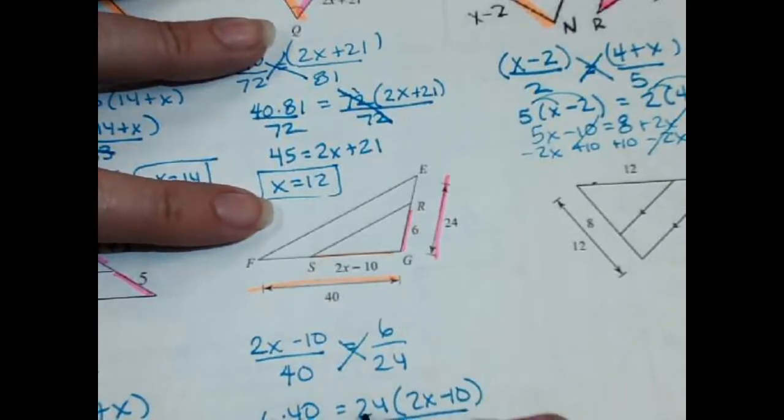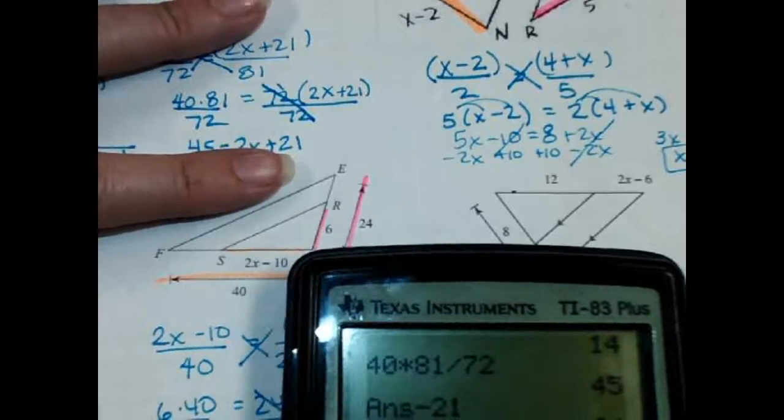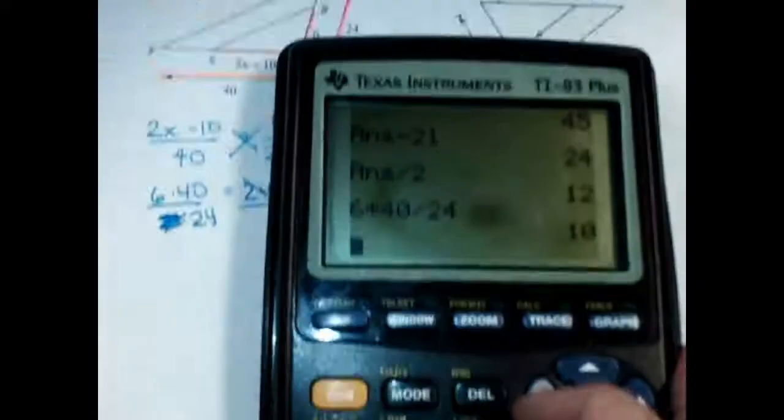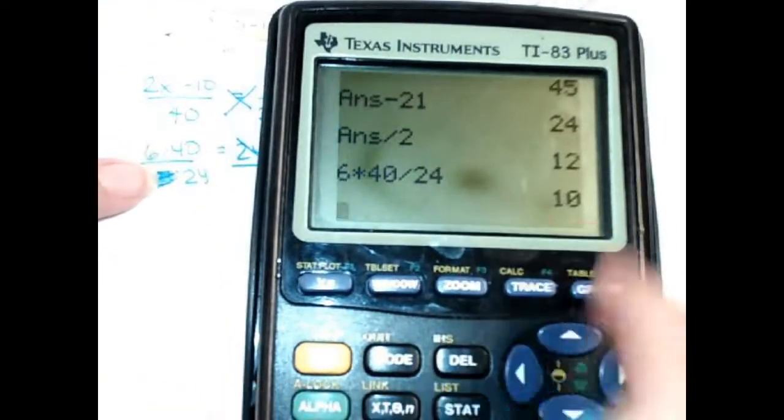Then I'm going to divide by 24 on both sides so that this will cancel. That's what I started to do there. Put that all in my calculator. 6 times 40 divided by 24, and all that stuff just comes down to be 10.